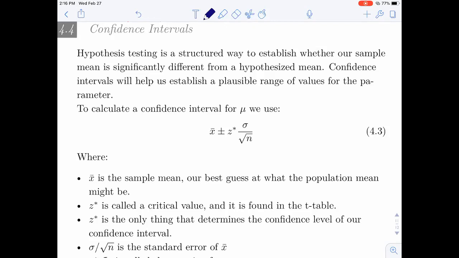That's where you pull this Z star. Z star is called your critical value. So let's say here, Z star is a critical value found using the t-table.